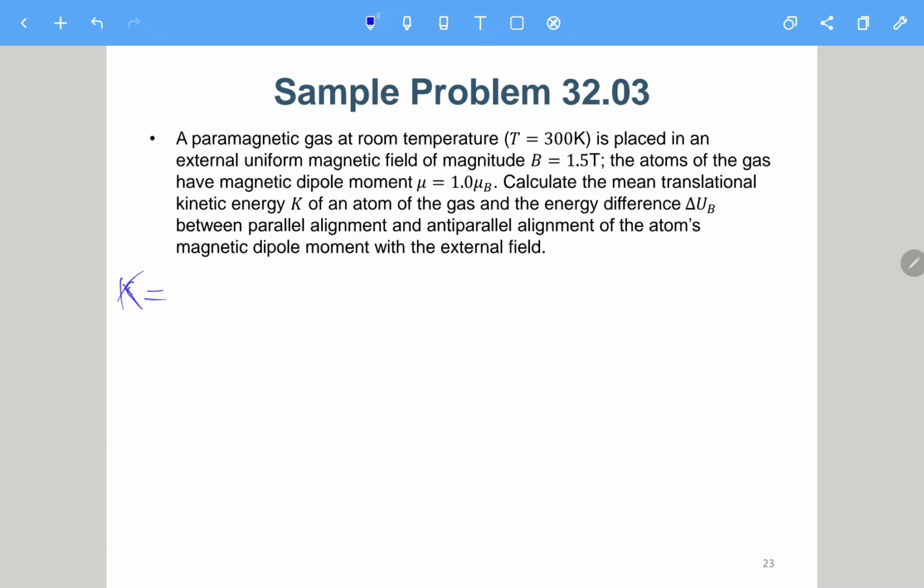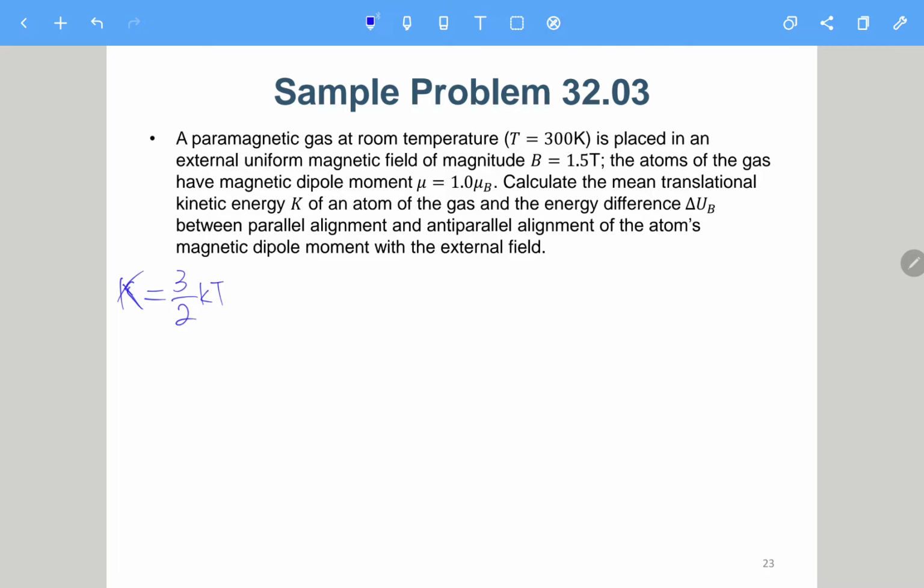This is an equation related to statistical mechanics or thermodynamics, which means that the kinetic energy is proportional to the absolute temperature, and the small k is the so-called Boltzmann constant.